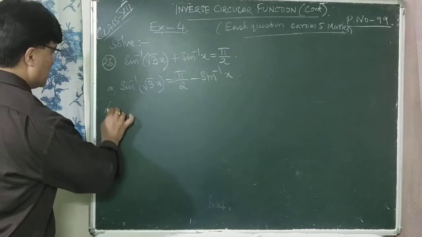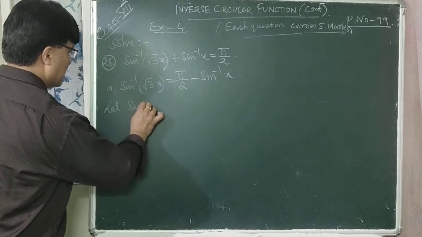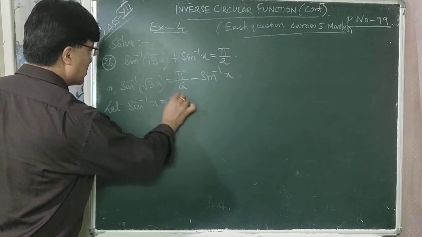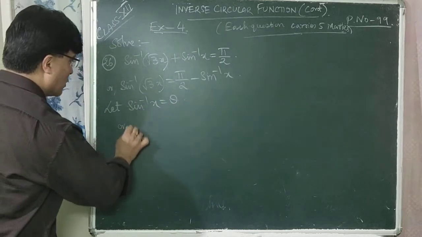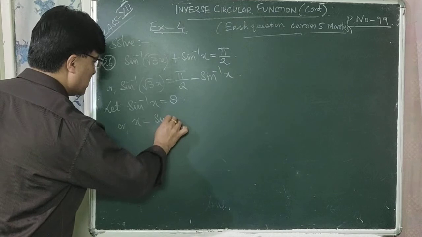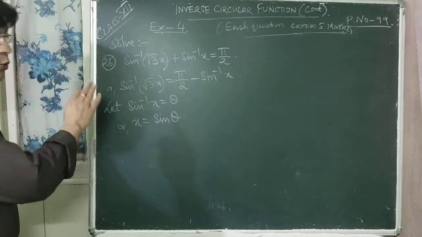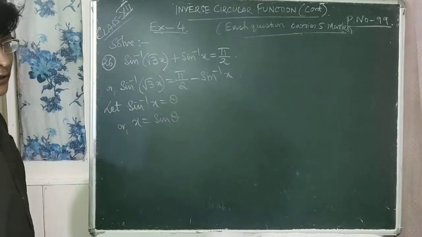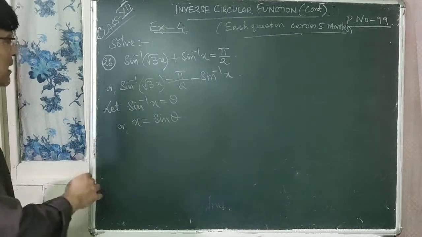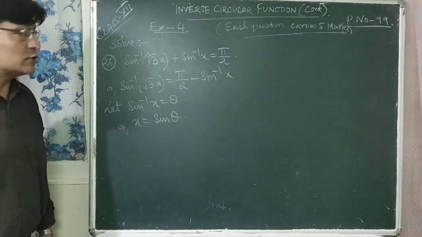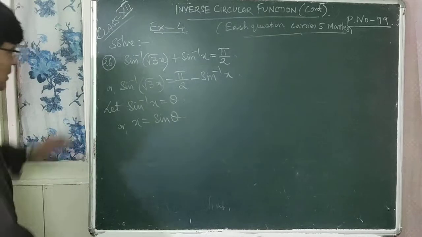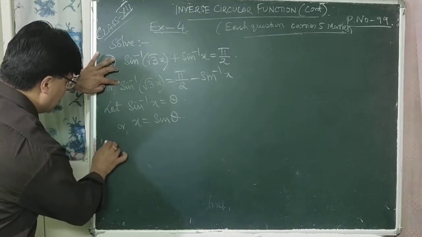Now let sine inverse x is equal to theta. What is the value for x? x is equal to sine theta. So when the sine inverse goes to the right hand side, it becomes sine. So x is equal to sine theta, okay? So let us write it again.